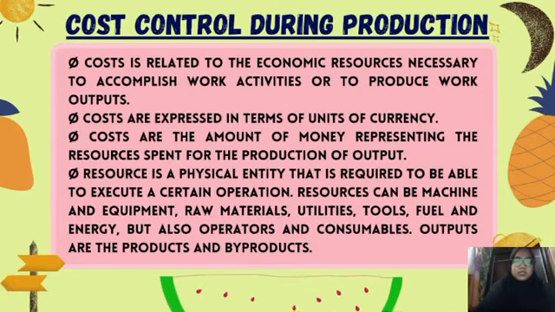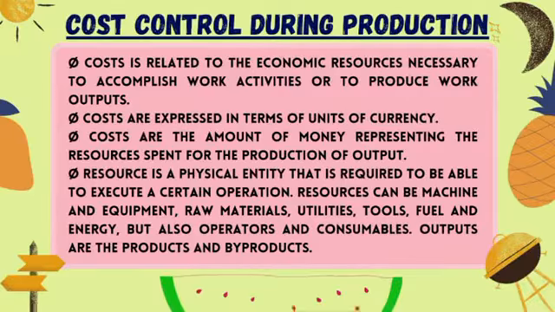A resource is a physical entity that is required to be able to execute a certain operation. It can be a machine, equipment, raw material, utilities, tool, fuels, and energy, but also operators and consumables. Output is the product and byproduct.